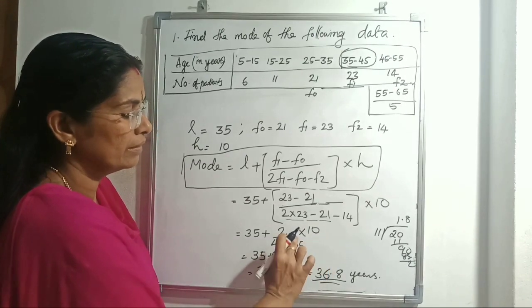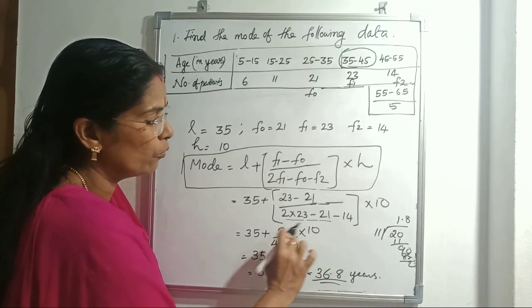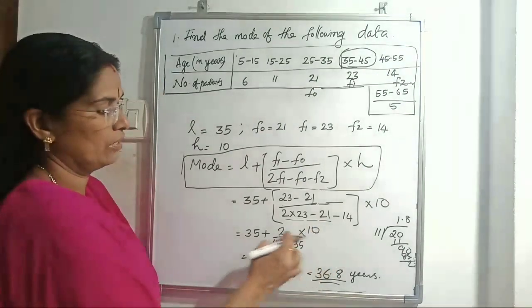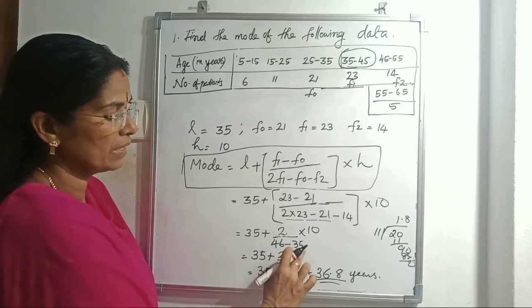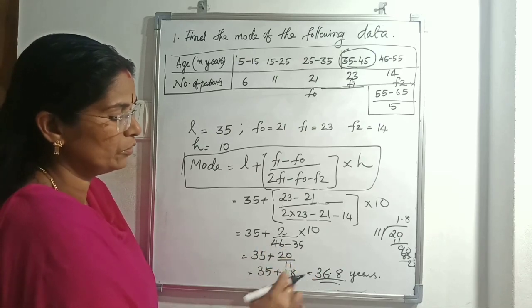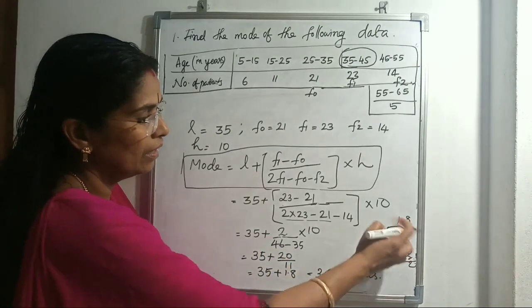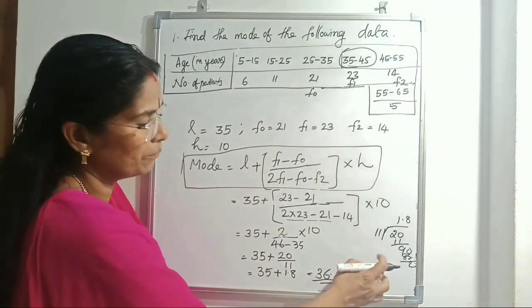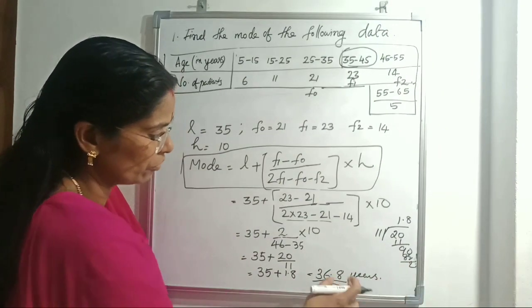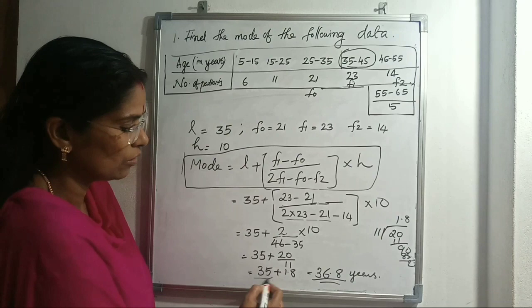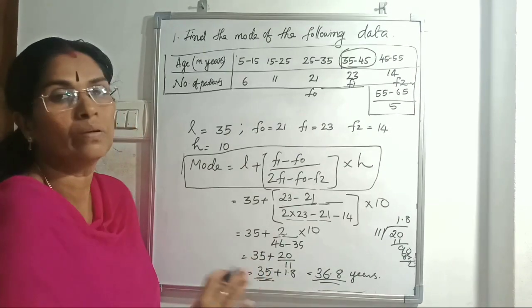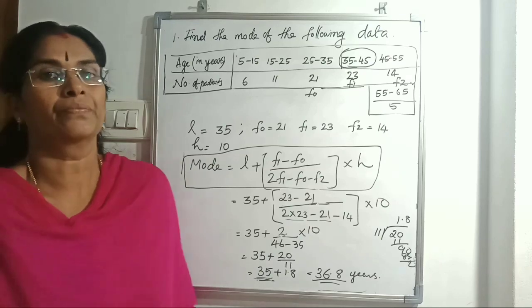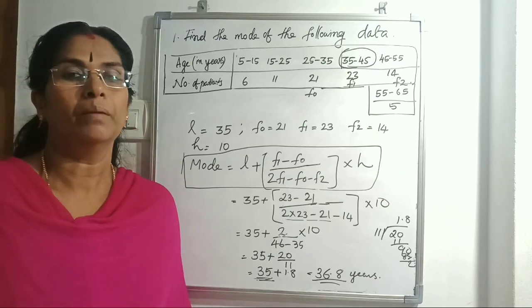Now multiply the numerator with H, 10. So 2 into 10 is 20. After that 46 minus 35 is 11. Then divide 20 by 11 and find the answer in decimal form. After that you add this to the lower limit 35. This addition is done on the last step. Clear? One more question we can do.